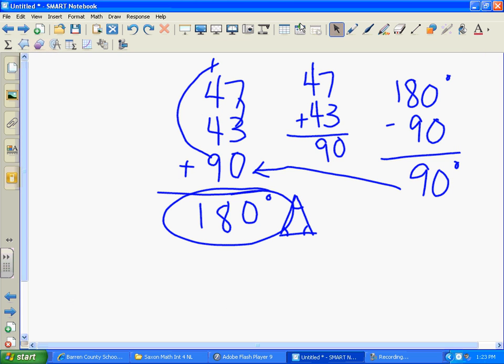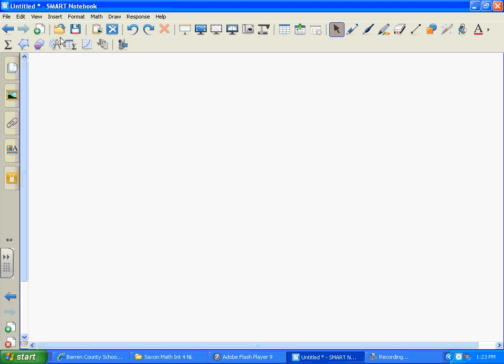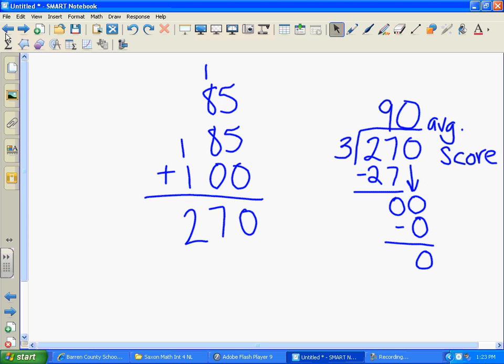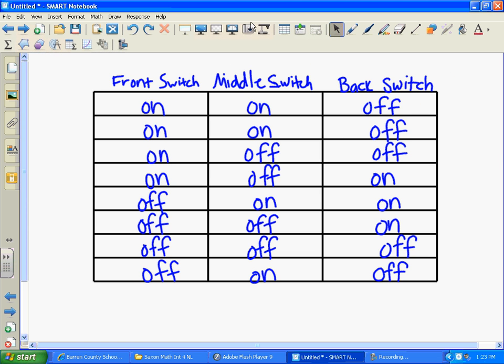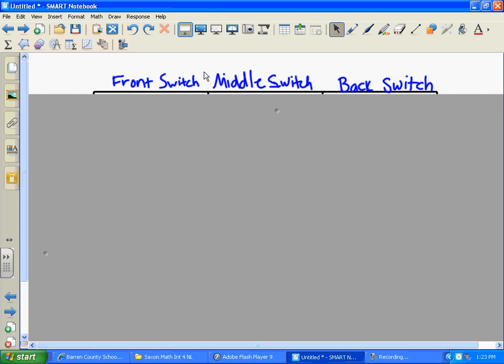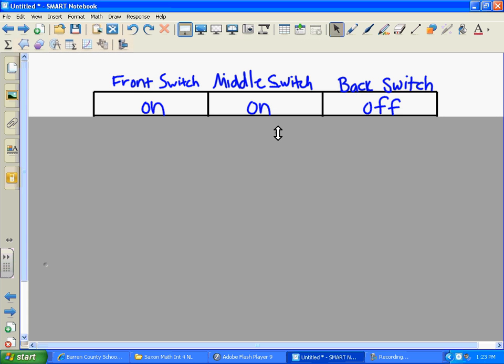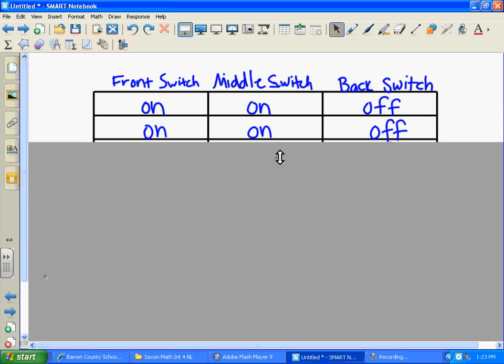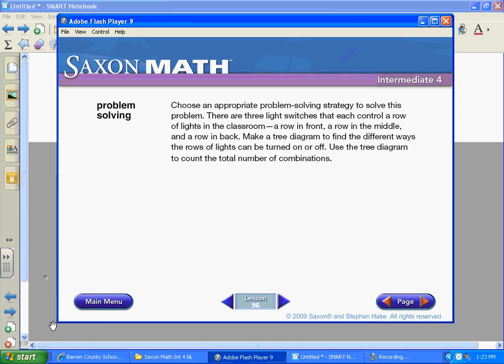So first of all, let me show you what I decided to do. I decided to make a table, and it made sense to me to show the front switch, middle switch, back switch. Whoops, hang on a sec.